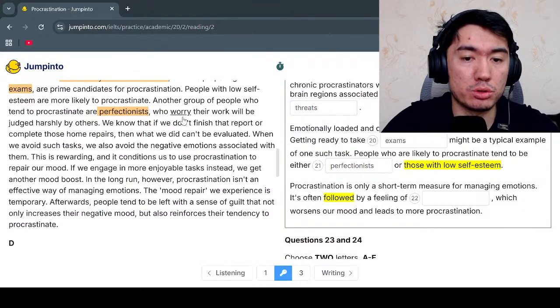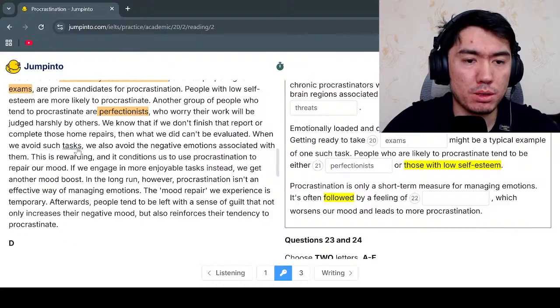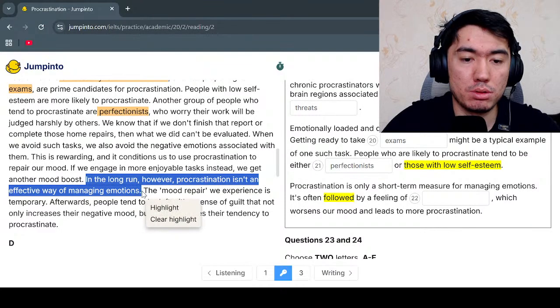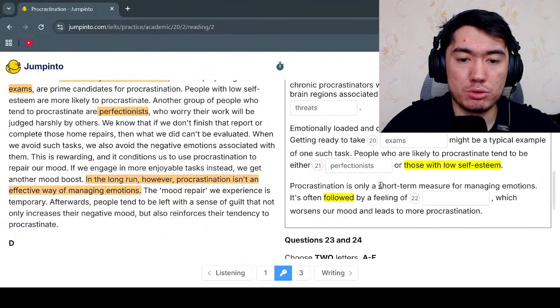Okay. Short term. I just need to find the part where it says it's short term. Emotions, if you engage in more, in the long run isn't an effective way of managing emotions. There you go. So it's only a short-term measure, right? I found the paraphrase. Is temporary.